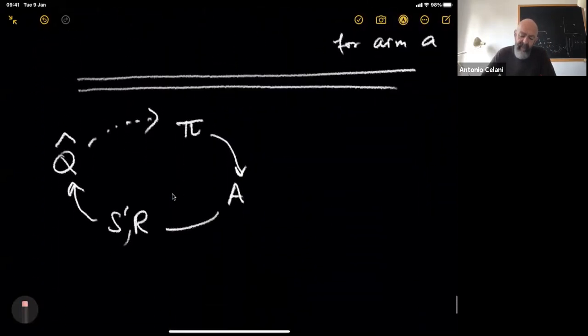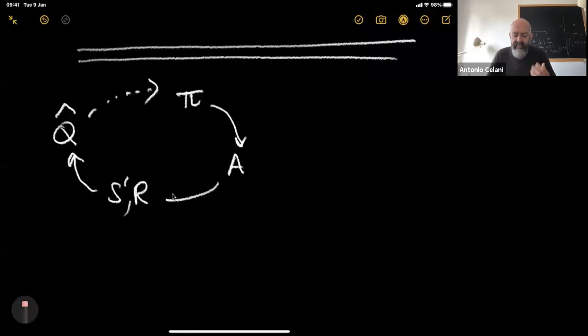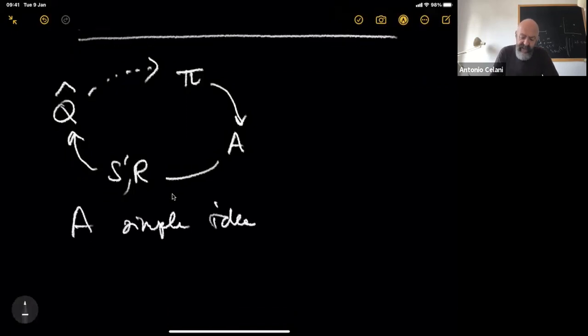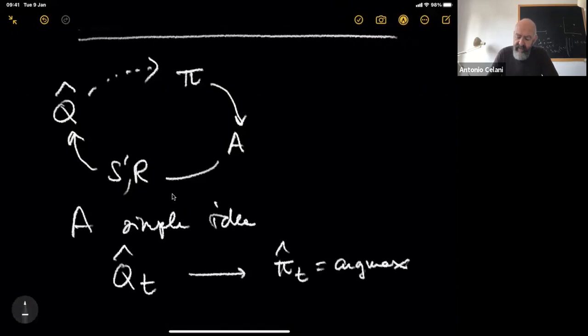So what is a simple idea? For instance, we might say that if we have a certain estimate Q at time t, we can pick our policy at time t as the argmax of Q at time t.